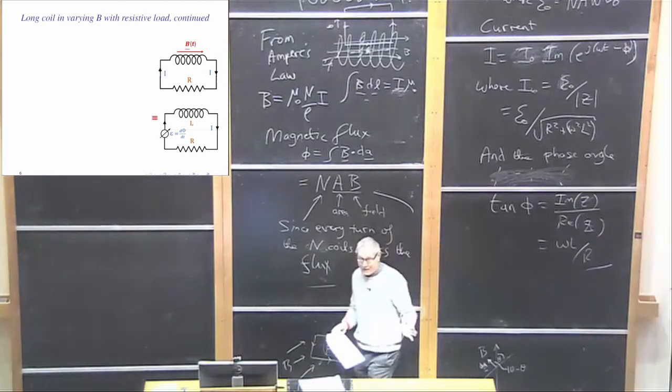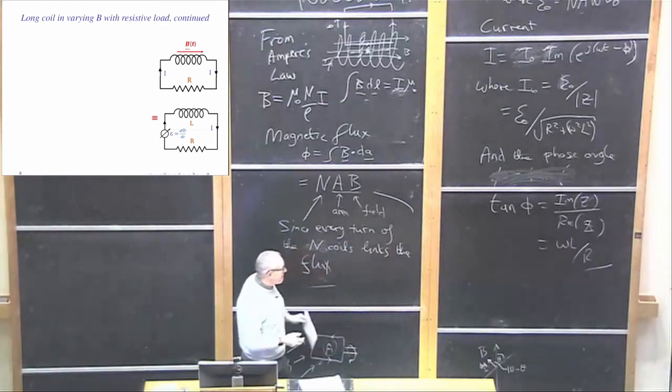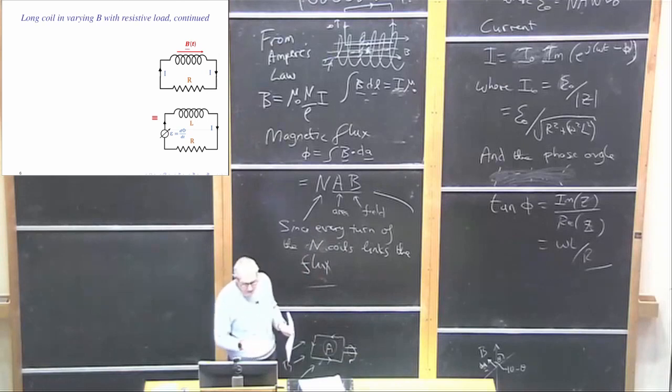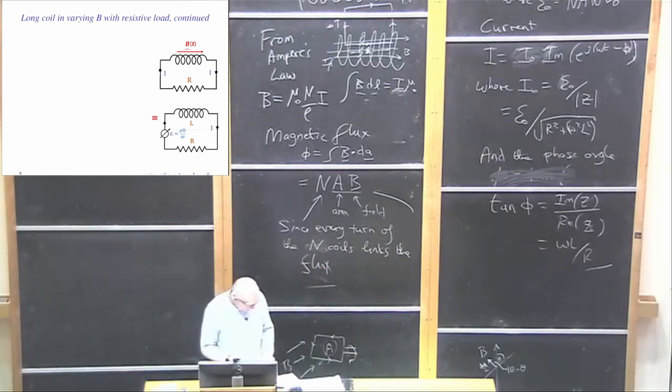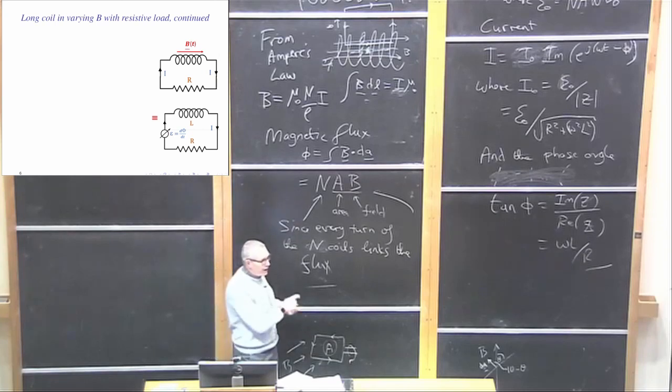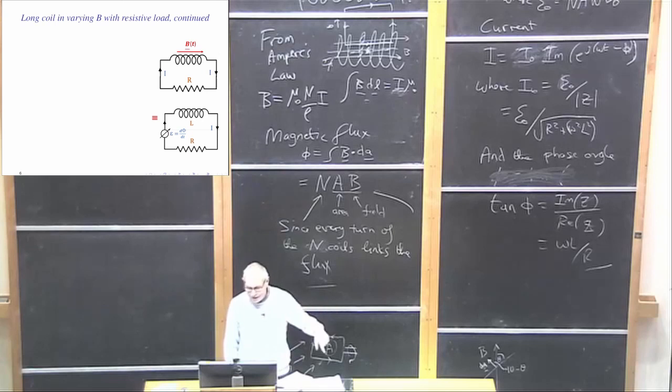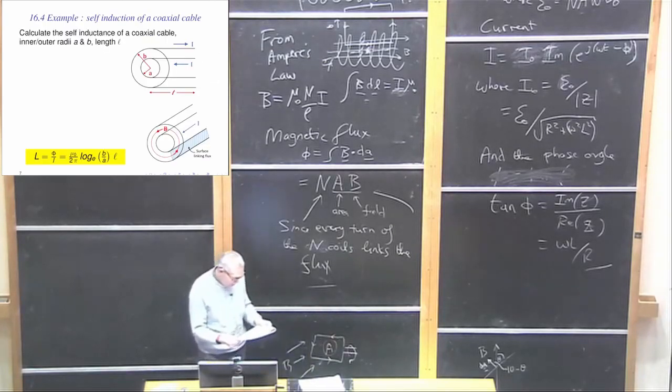Good. So is that clear? Now that's just a bit of circuit theory thrown in. The important part is the calculation of the self-inductance and what happens in this equivalent circuit, and what happens to the current flow.